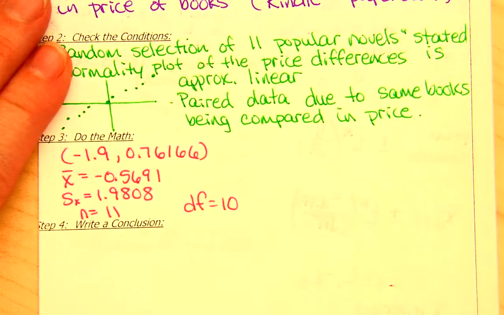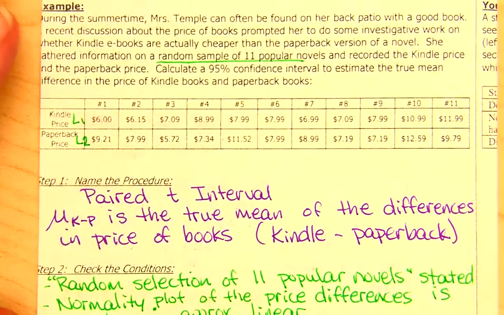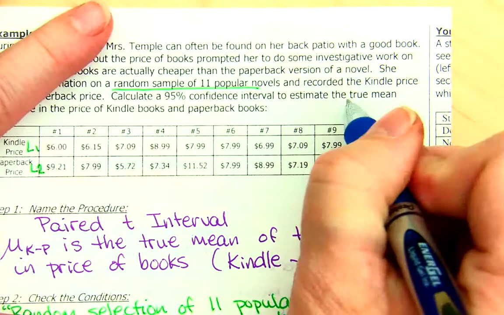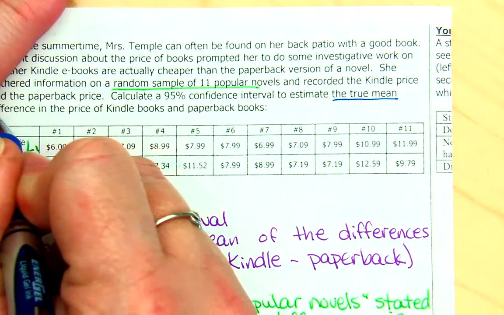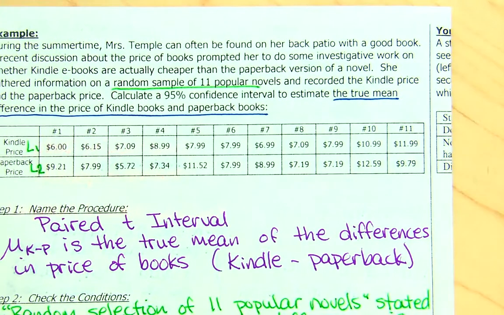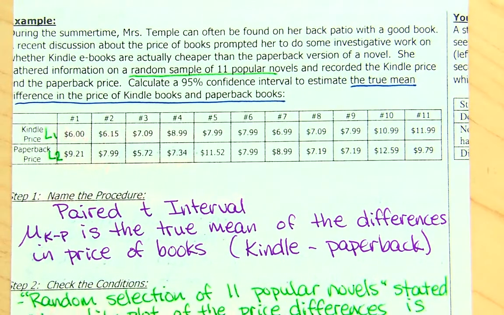Then when we go to write out our conclusion, we're going to do just like we did before. I go back up to the question, and I see this is my context right here. It's the true mean difference in price of Kindle and paperback books. That's exactly what I'm going to use to write out my conclusion.